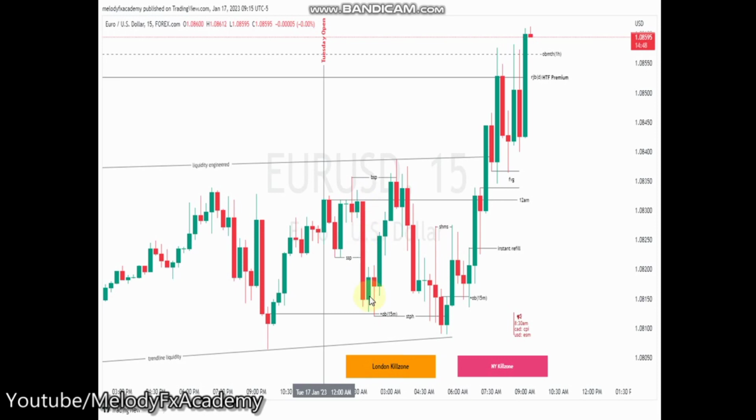Notice we have the first run below this old low, sell side liquidity being pushed and traded into this OB right there. This is our first opportunity for a buy setup.